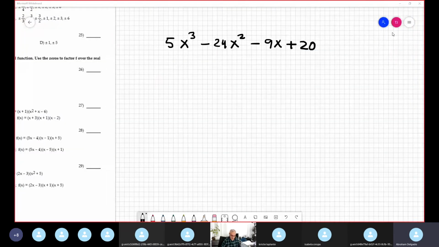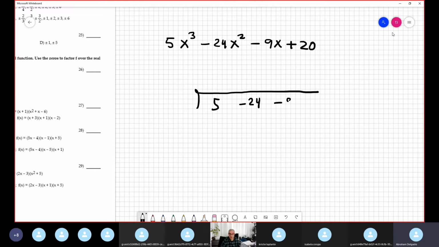So I copy my famous format of the synthetic division of 5, negative 24, negative 9, and positive 20. Doing it in order, I did 5 first. Bring down 5. 5 times 5 is 25.